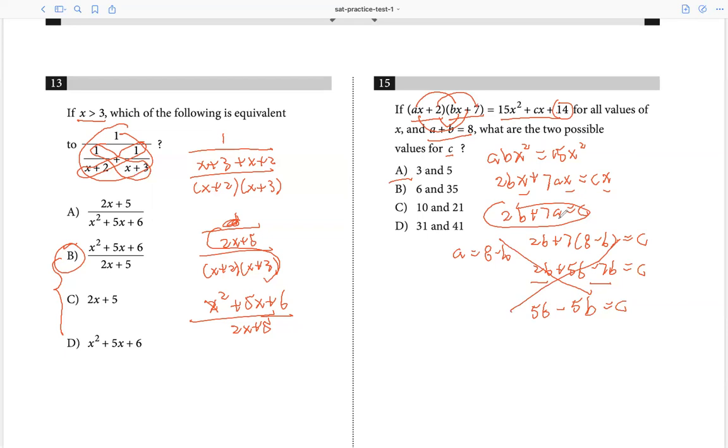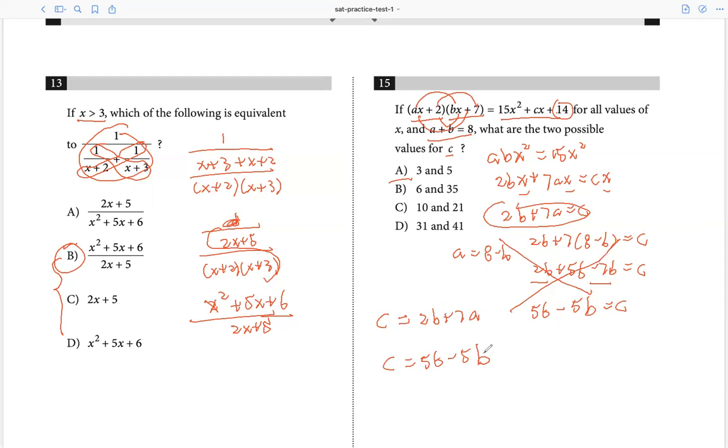B is 5. So c equals 2b plus 7a. And also this one, the later one, gives us c equals 56 minus 5b. So this is letter B.